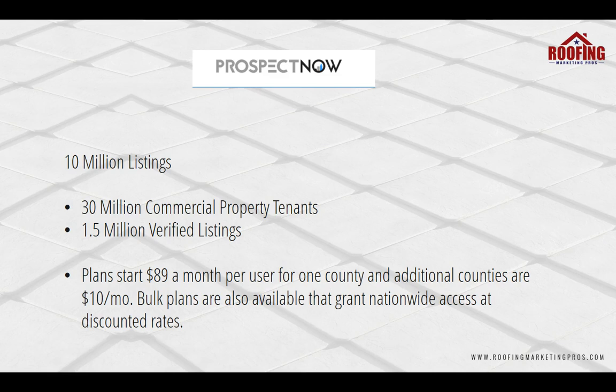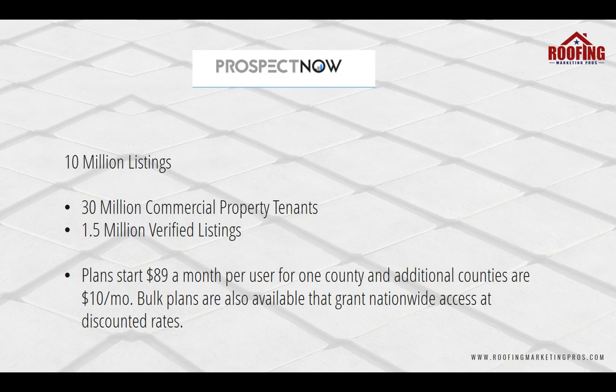So if you're targeting storm damaged neighborhoods and you want to go for the commercial properties available, use this platform and pay for the $89 per county, whatever county you want to use, and start targeting those damaged neighborhoods available. With Prospect Now, you can also do display marketing.